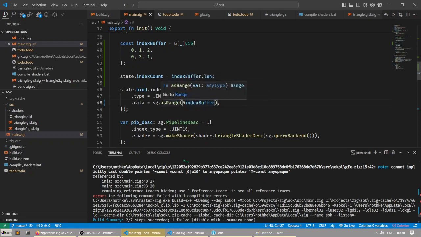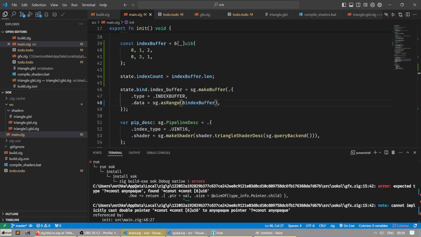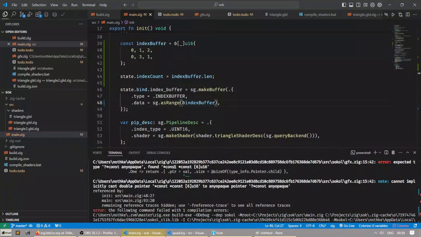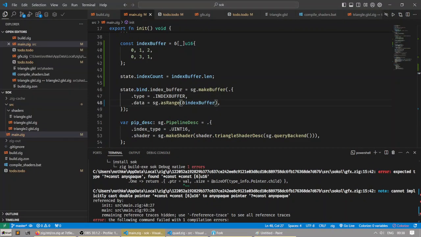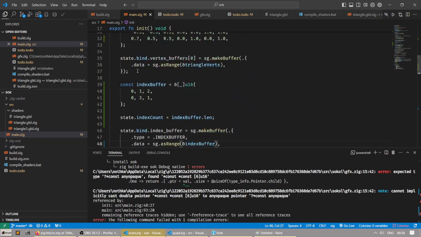Interesting. What am I doing here? Expected type. Constant found. Const. Ah! This is where I made a mistake. This is a reference. Oh, interesting. So what actually, yeah, I figured out that this is a double reference. This is a double pointer, sorry.